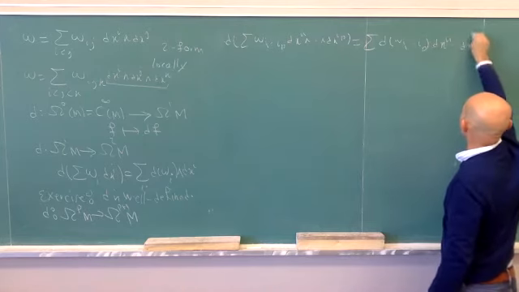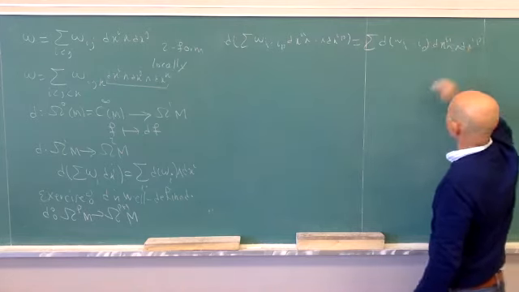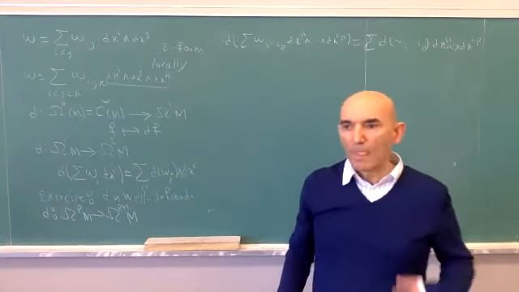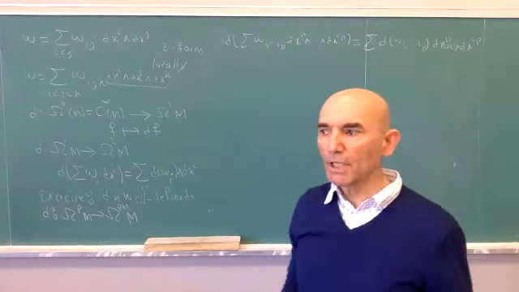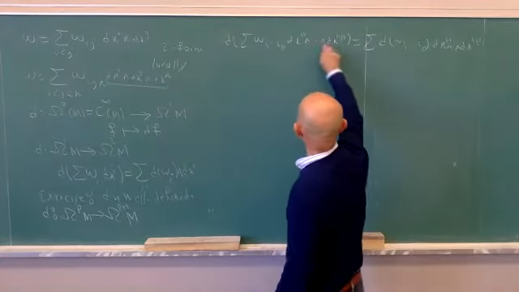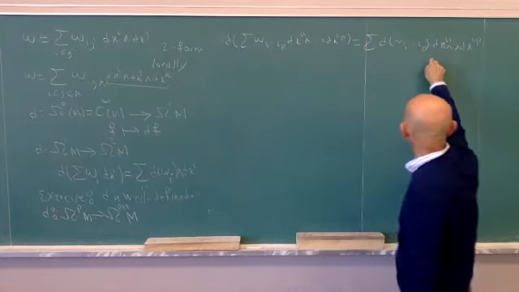And you have to put wedge here, but even these wedges, if you work enough with these notations, you notice that you don't even need to put the wedge signs. It's understood that this is an exterior product.